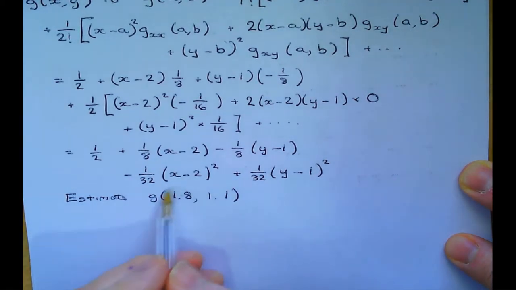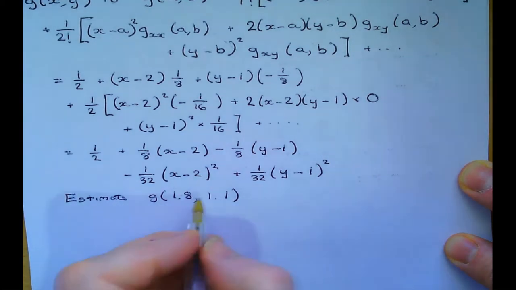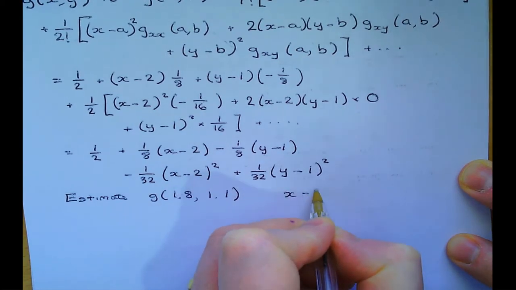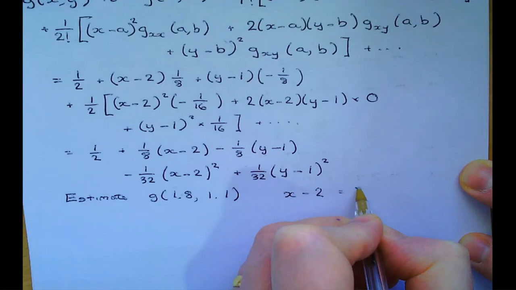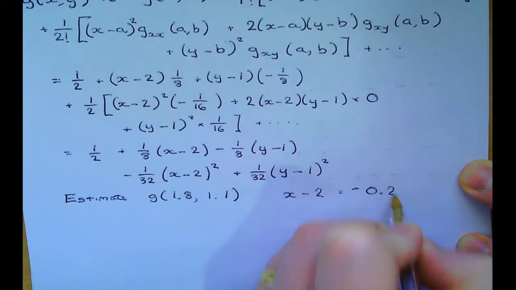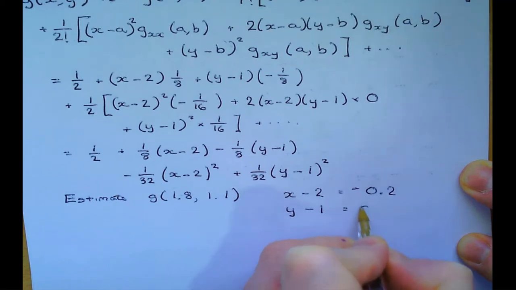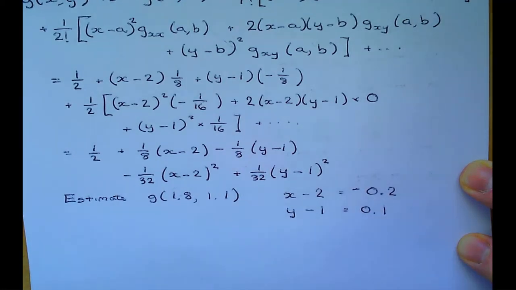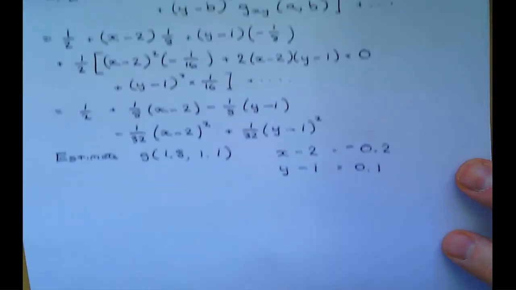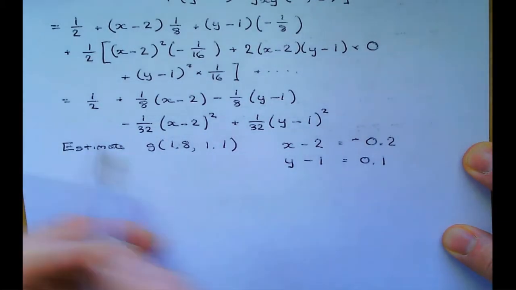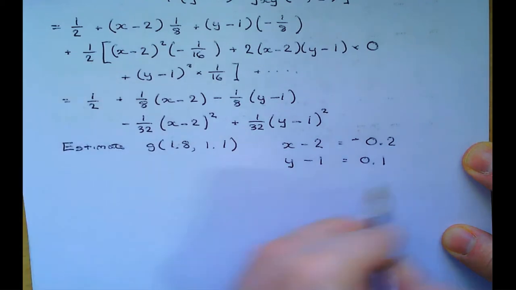Well, if we set x equal to 1.8 and y is equal to 1.1, that gives us that x minus 2 would equal minus 0.2, y minus 1 would equal 0.1. Let's use the series to estimate things. So for the 0 order, we just have 1/2.